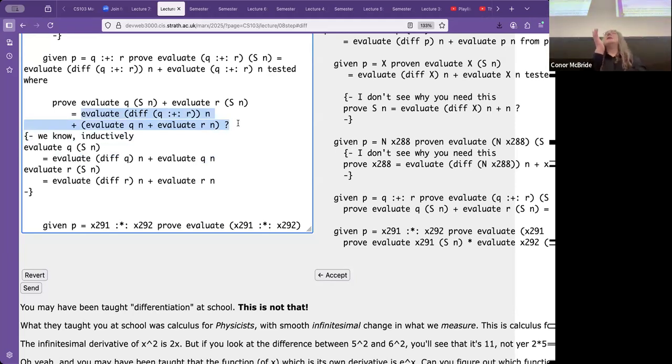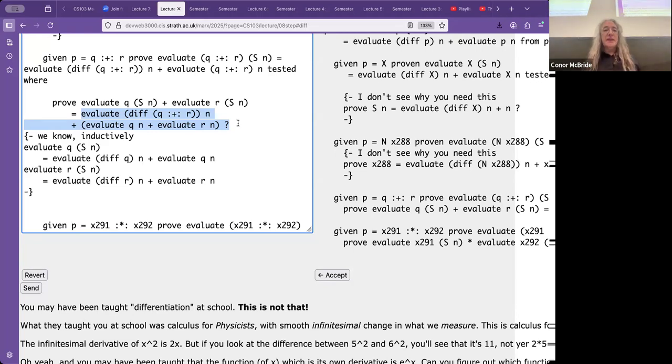We know it's not going to be the end of the story, but we like those pieces. We're recognizing pieces that are useful to us.